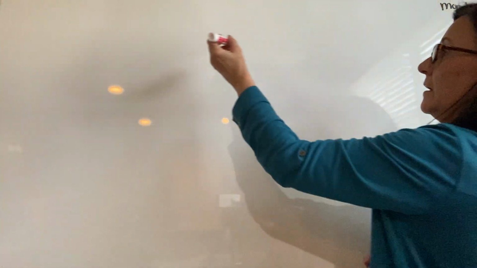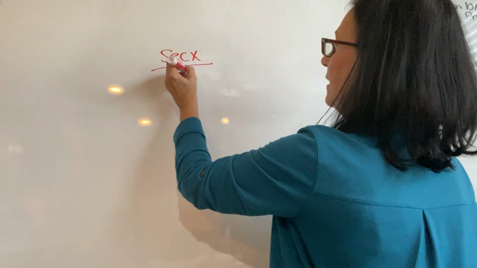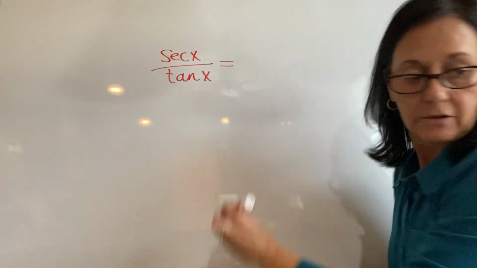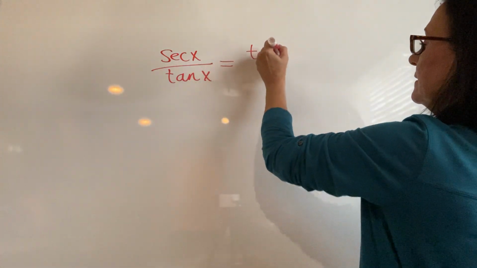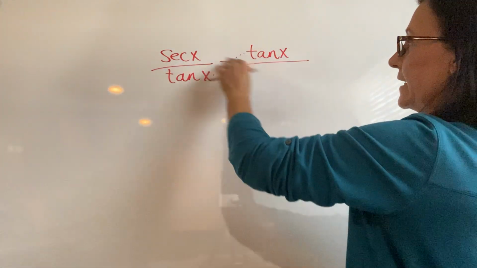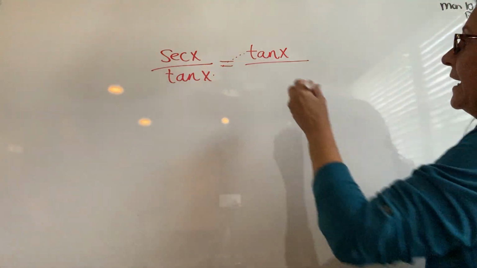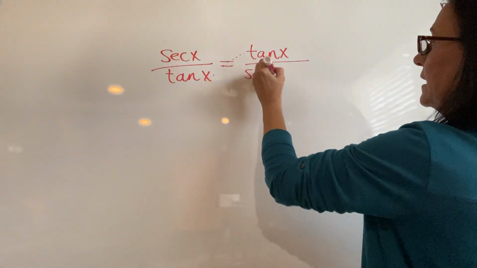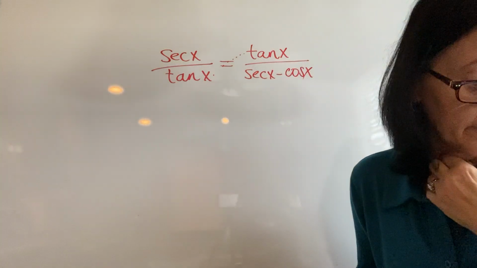All right, so we have the secant of x over the tan of x equals the tan of x over, see, these two are a clue that I'm going to take a binomial and multiply it by one side. Secant x minus the cosine x.